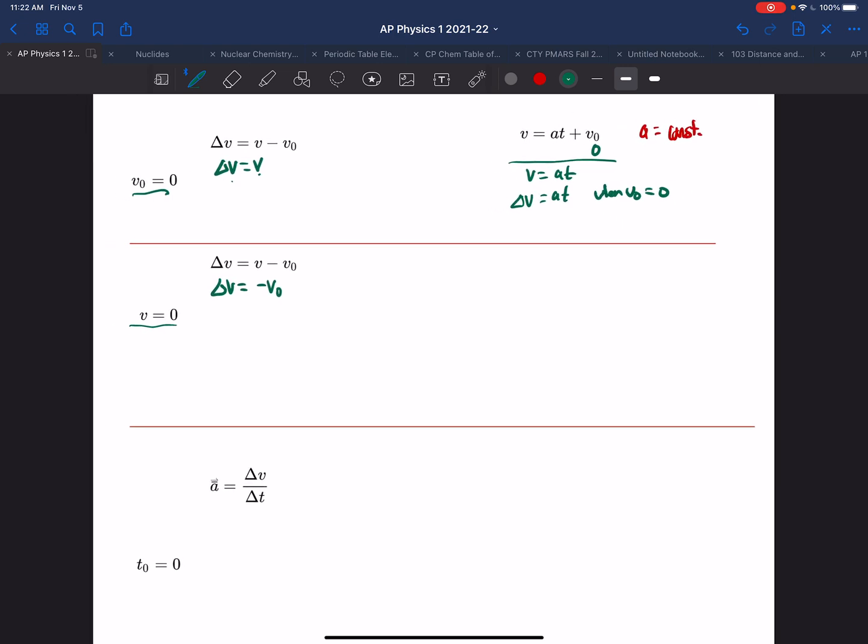And by that token, if we have v equals at plus v0 and v equals 0, we will notice then that at equals minus v0 equals delta v. So in essence, what we're seeing in these equations is that this term at is equal to delta v.